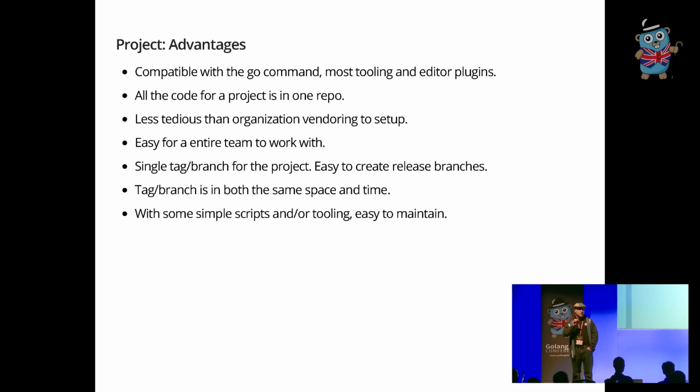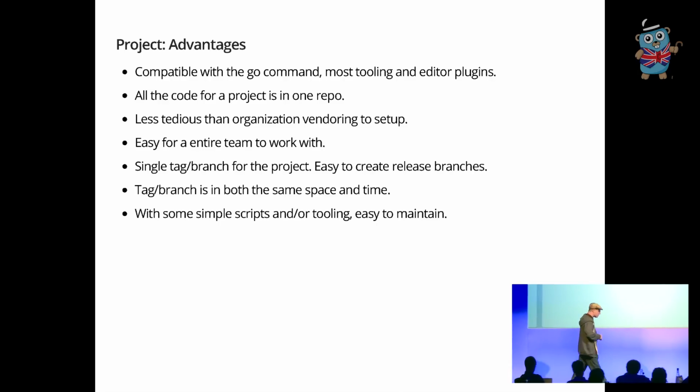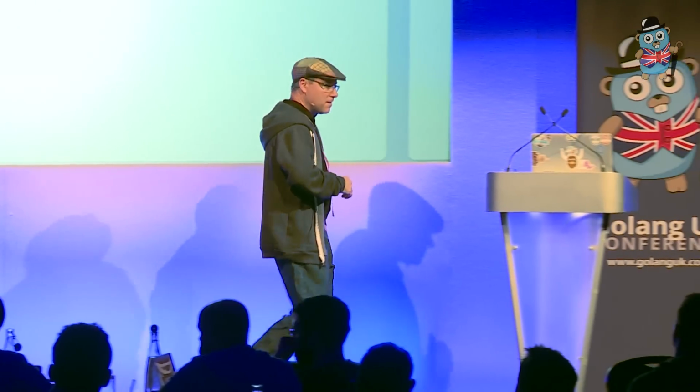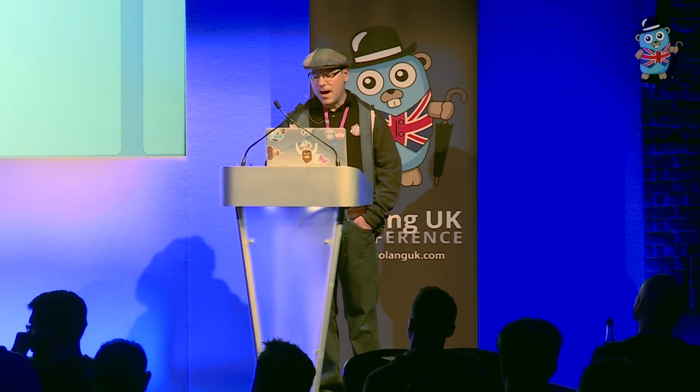In fact, now I could have a strategy where I can just create a release branch off of that and say, okay, this is 1.0, and we have it. And all the code is there in that one space and time. That's a really big advantage. And again, with some simple scripts and tooling, it's easy to be able to just copy stuff into that vendor folder and do those rewrites. All right.